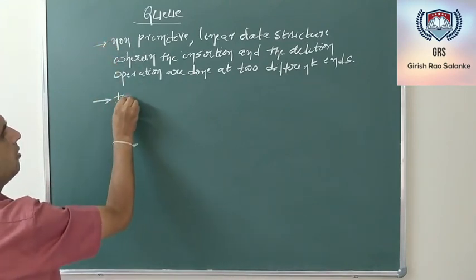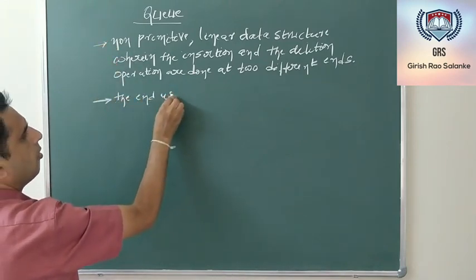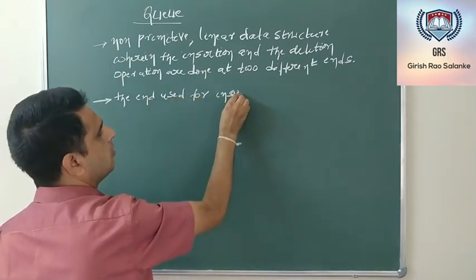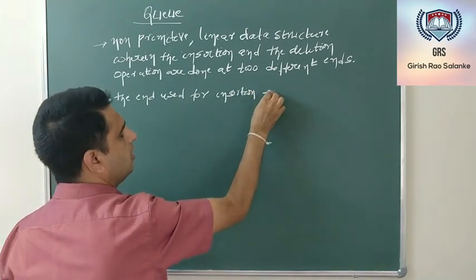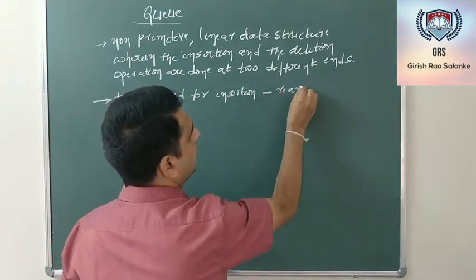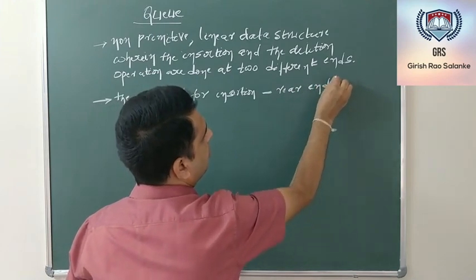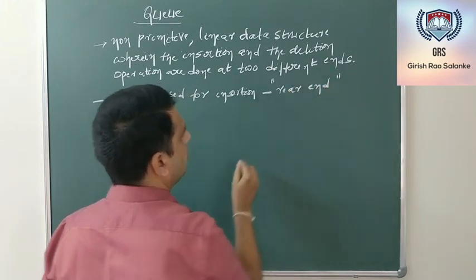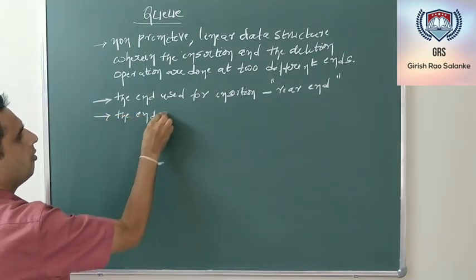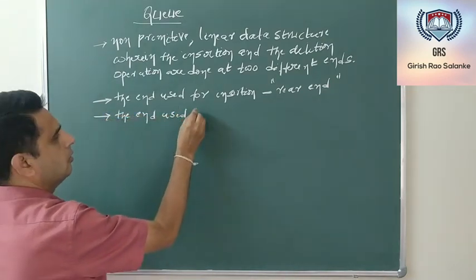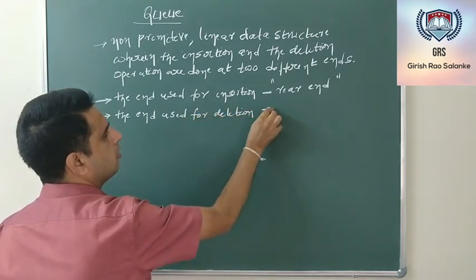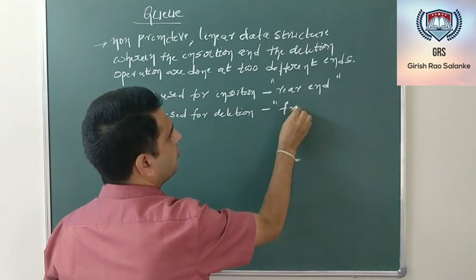The end used for insertion is called the rear end. Similarly, the end used for performing the deletion operation is called the front end.